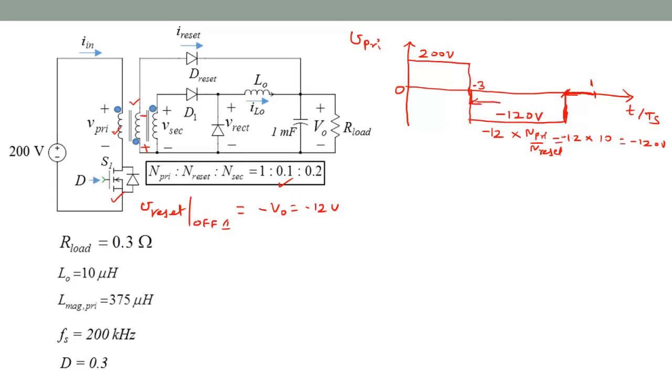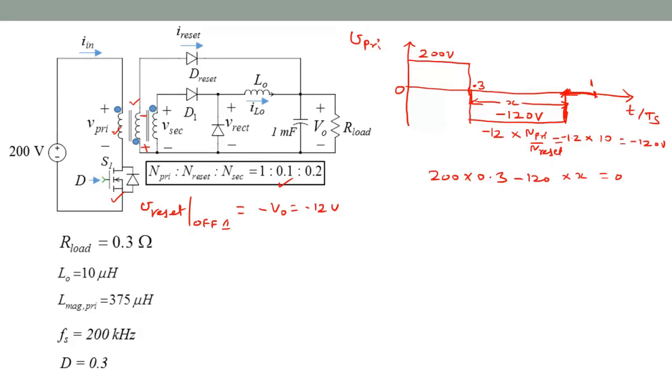Call this duration X. They're all divided by Ts, so T over Ts here is 0.3, and T over Ts here is 1. So applying volt-second balance for the primary, we have 200 times 0.3 minus 120 times this X equals 0, because in the final duration, which we normally call off interval 2, the voltage is 0, so we don't have to write that explicitly.